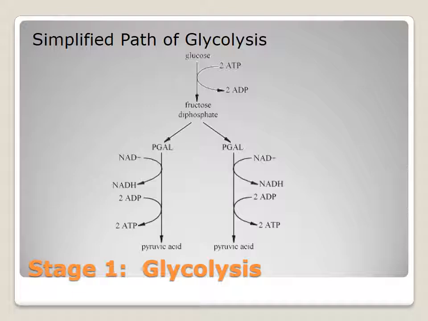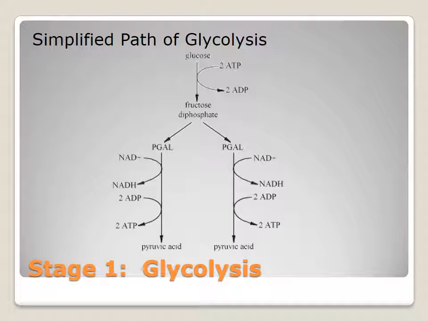So 2 ATP come in. 4 ATP come out, giving you a net total of how many ATP? Well, 4, wow, that's a lot of different numbers. 2 go in, okay? You lose 2, minus 2. 4 come out, plus 4. Gives you a total of 2 ATP.